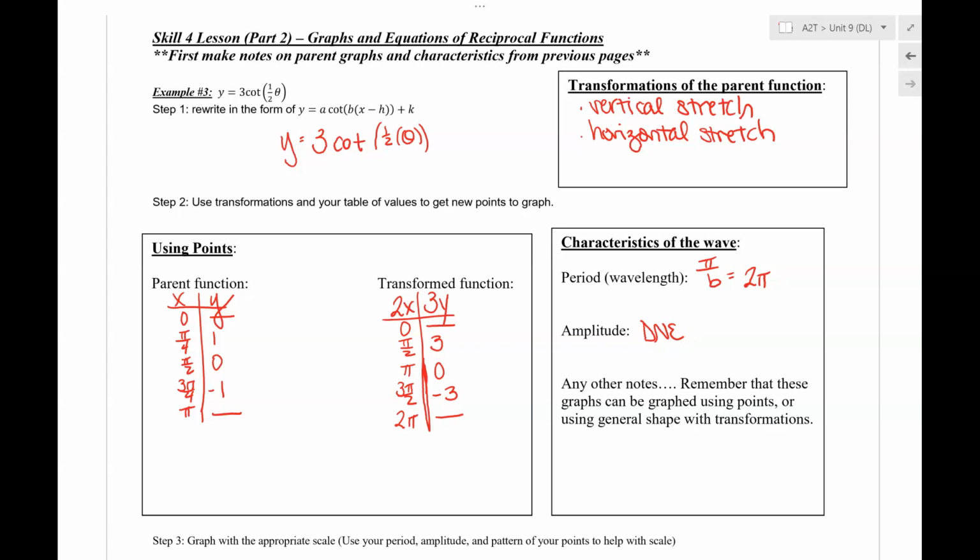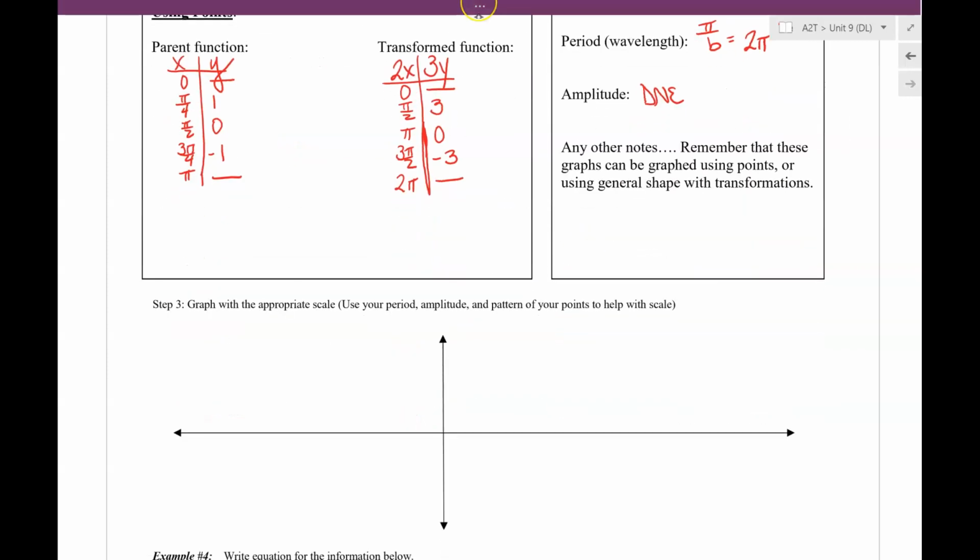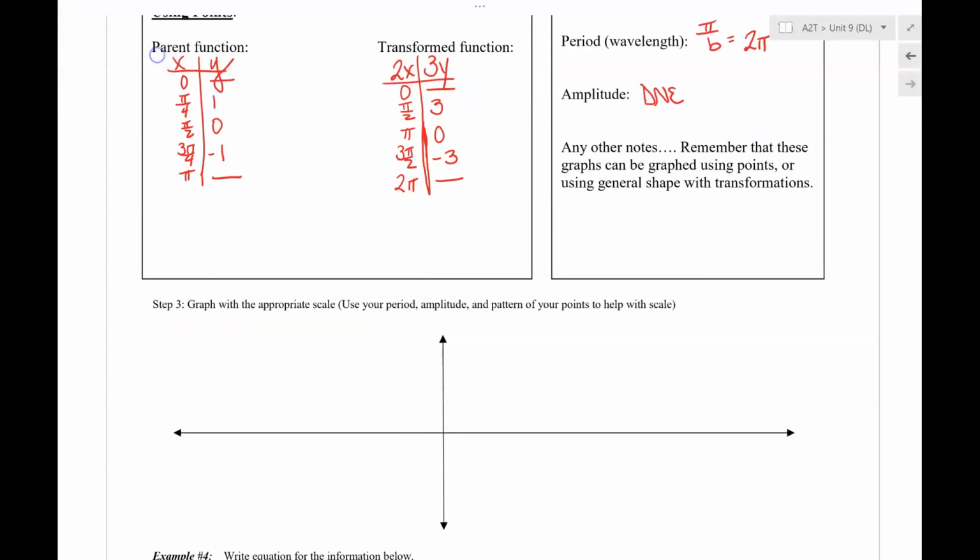All right, let's graph it. I'm going to go out 4 tick marks, just like we've done before, 1, 2, 3, 4 as my period, and then cut that in half. So 3 pi and 4 pi. And then I need to go up to 3 and down to negative 3.